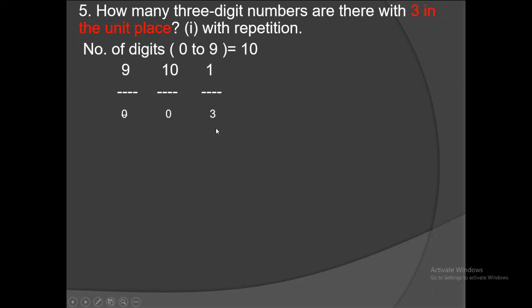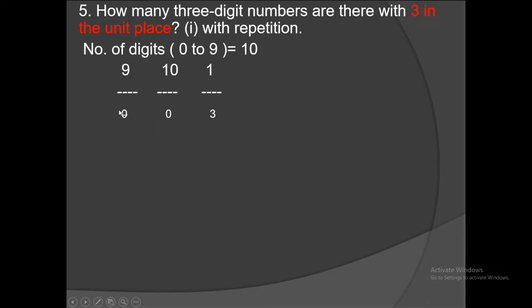So this is 1. And coming to the first place, with repetition, you can use the same digits again. But if you put 0 here, out of the digits 0 to 9, it is not a 3-digit number, it will be a 2-digit number.